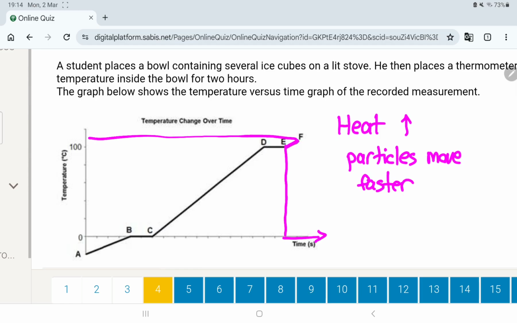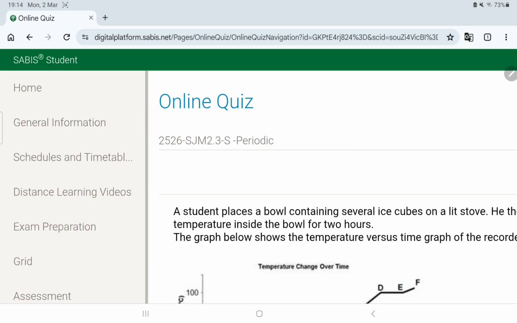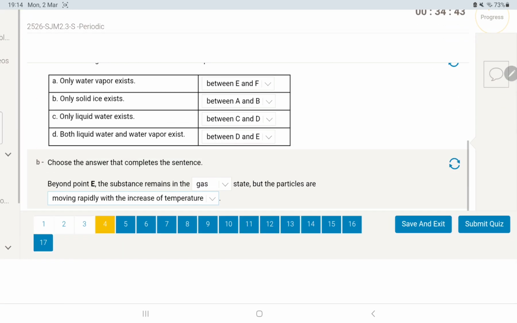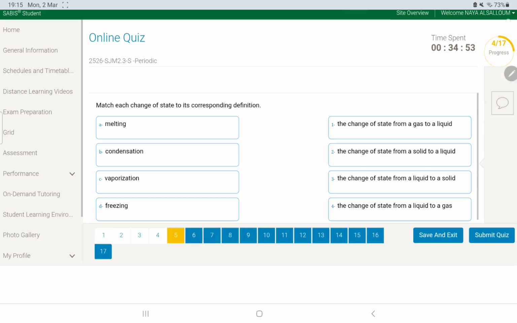So here the heat is increasing and the time is also increasing. So the particles are gonna move faster. This is why they're moving rapidly with the increase of the temperature. Okay? And by the way, the question we just did is probably the hardest compared to the others.